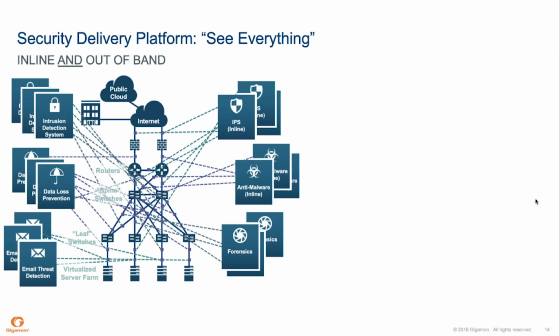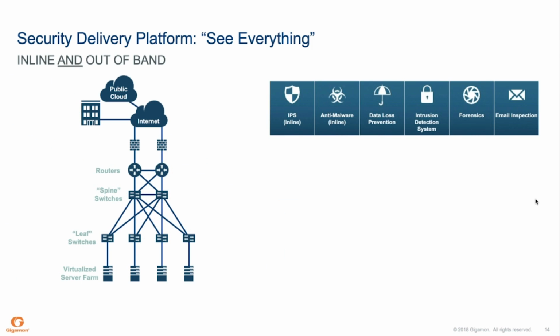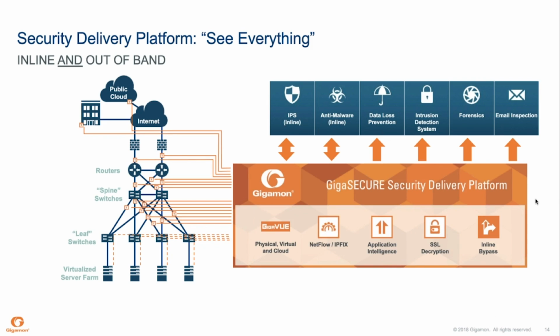Inline bypass means, rather than plugging in each of these tools down the wire, so you can picture almost like Christmas tree lights, where everything is daisy chained inline, you're able to deploy Gigamon in an inline fashion. We sit inline, then we send that traffic to, let's say, an IPS tool inline as well.